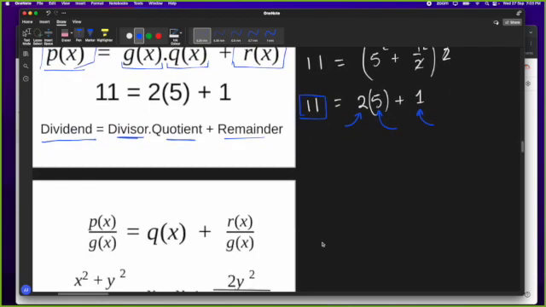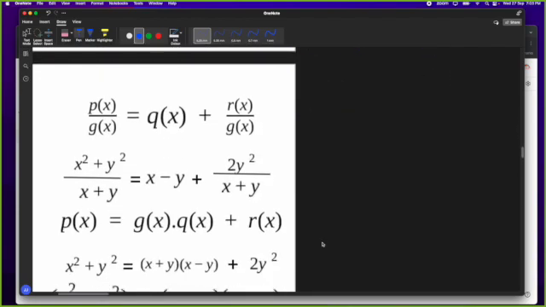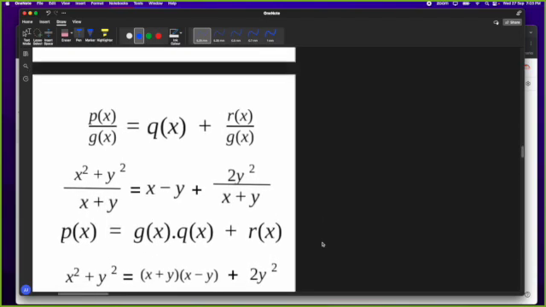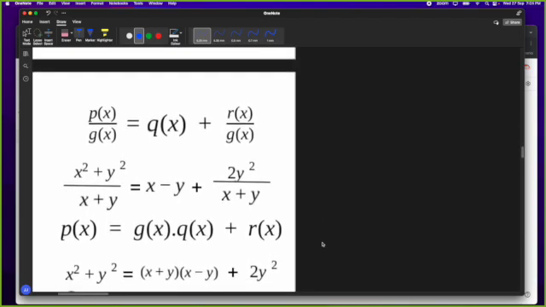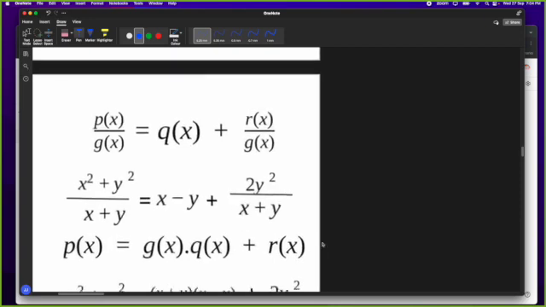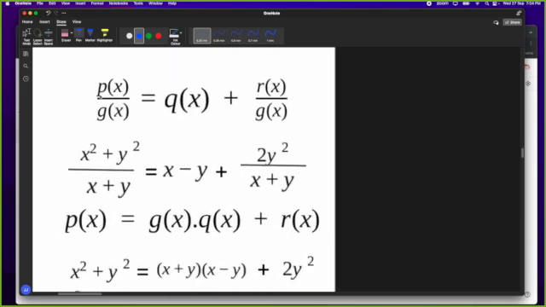Right, so similarly, when we just did this example here, and I'll only come up to here, so I hope everybody's seeing the full screen. When we did this example here, x squared plus y squared was being divided by x plus y. And what did we get? Well, in one of the examples, we got x minus y, then we got this remainder plus 2y squared all over the divisor.